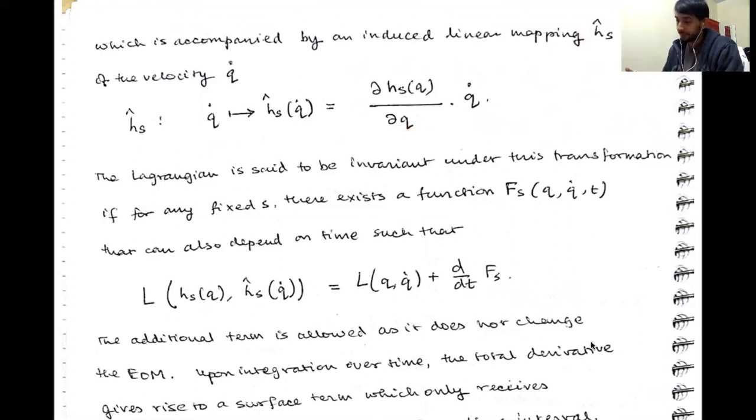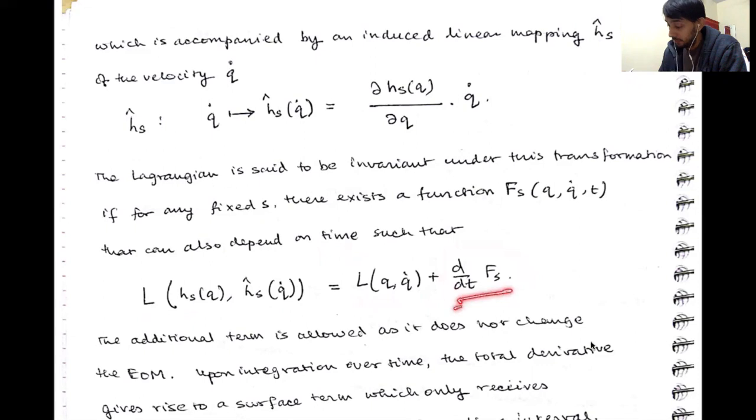And what we will say is that the Lagrangian is invariant under this transformation if, for any fixed s, you have a function f_s, which is dependent on q and t, that can also depend on t, such that the Lagrangian, in terms of this h_s q and h_s hat q dot, gives you L of q, q dot plus del t of f_s.